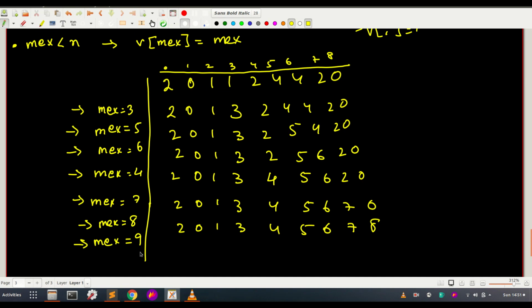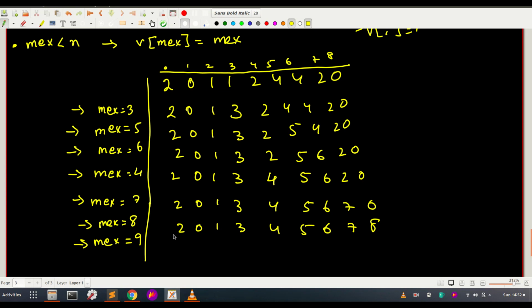So what should be my next step? I'm going to replace any position which is not correct with 9. Now all these positions 3, 4, 5, 6, 7, 8 are in their correct positions, so I don't need to touch any of these.